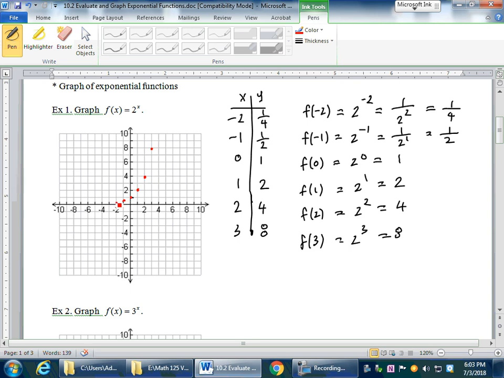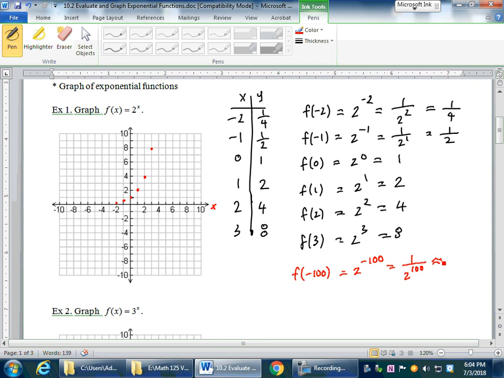Notice that once we go into the left-hand side, the graph is getting closer and closer to the x-axis. Let me tell you this. Let's try to compute f of -100, when x is negative 100. That will be 2 to the negative 100, which is 1 over 2 to the 100 power. If I use a calculator to compute this, it will be a very, very close to zero number.